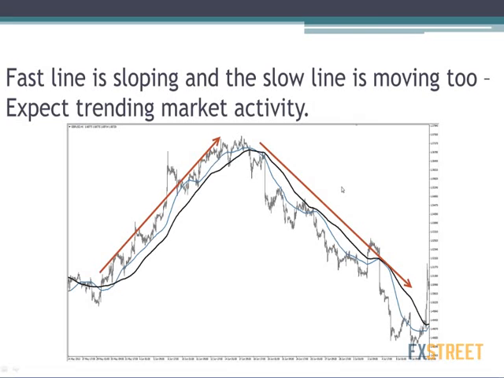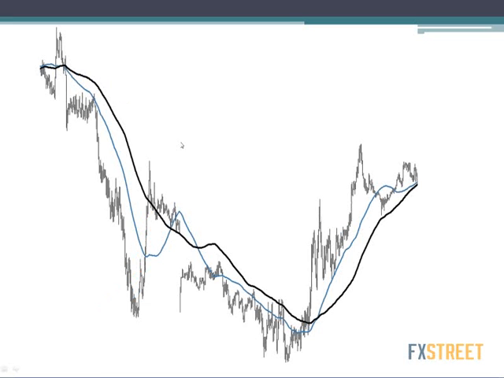Okay, so I'm going to go to the next slide and show you another example of something similar. In this instance, where we have the slower line, this is the 100 simple moving average, again, considering much more historic data, and it's plotting a line that is continually giving us lower and lower values.